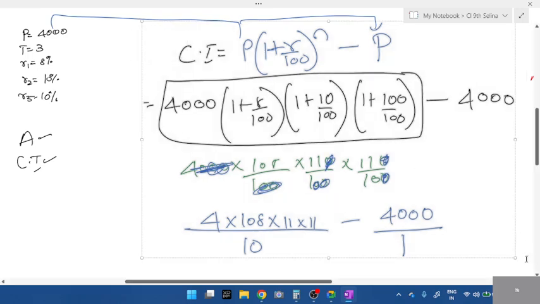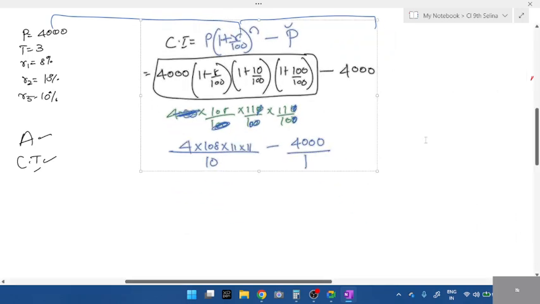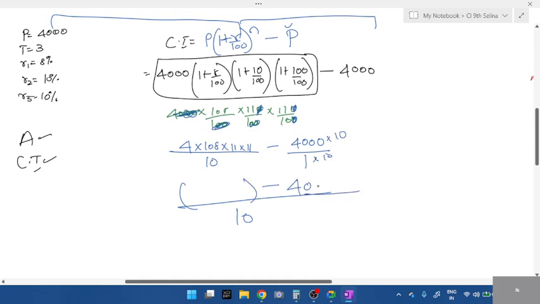What's the LCM, students? 10. So you multiply minus 4,000 by 10, it will become 40,000. Will you complete it? Which one is easy? If you use the minus 1 formula or this one, which one would have been easy to calculate? This is easy.